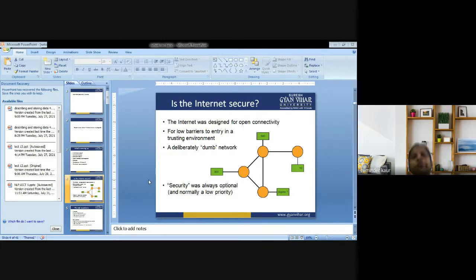Now the question is, is the internet secure? As we already know, no, the internet is not secure, because nowadays everything relies on the internet, and huge data is getting transmitted between sender and receiver, or whoever is using the internet.